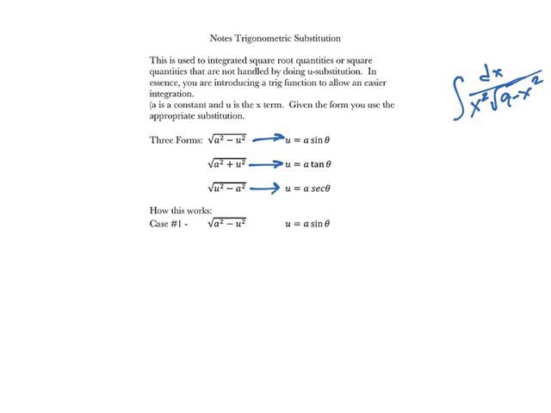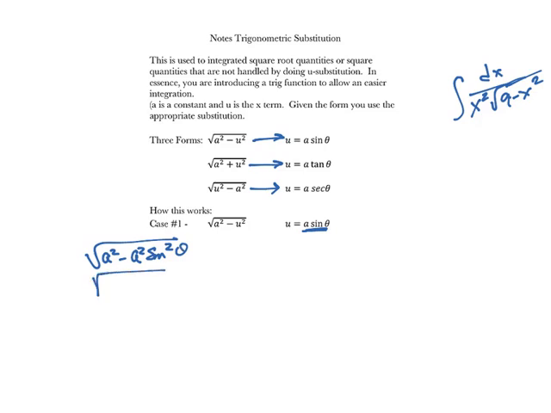Okay, so the first case is where you have a constant squared minus an x term squared, and the substitution you use is a sine theta. U equals a sine theta. So if I look at just this square root part, I have a squared minus u squared. So that is u, so if I square that, that'd be u squared, so a squared sine squared theta.